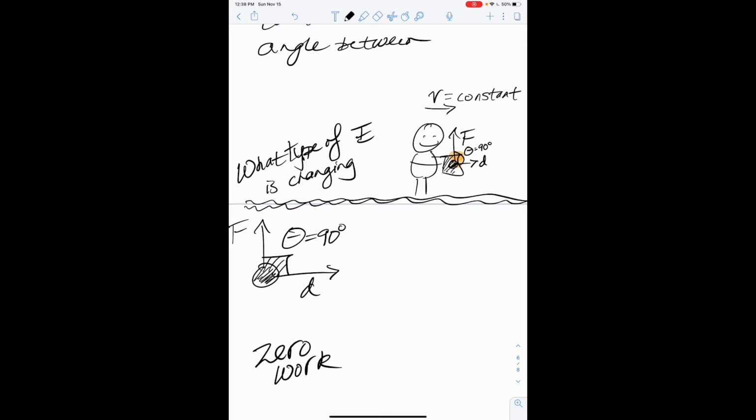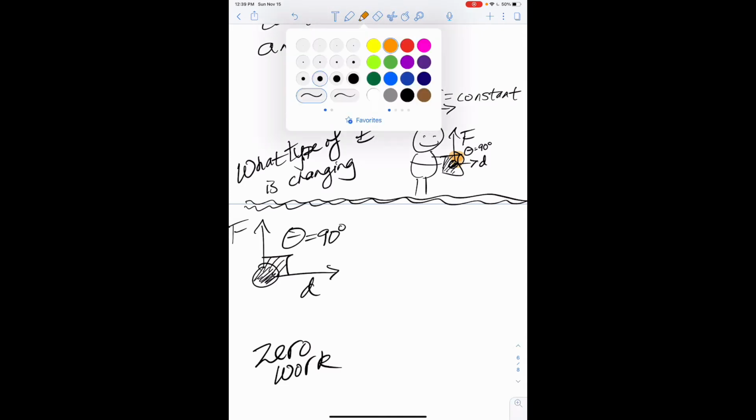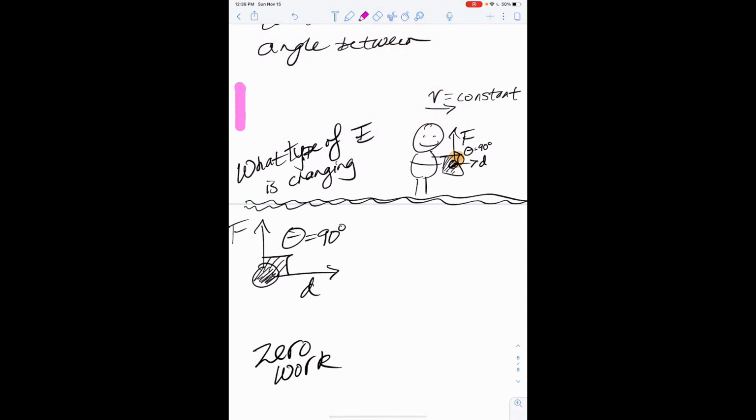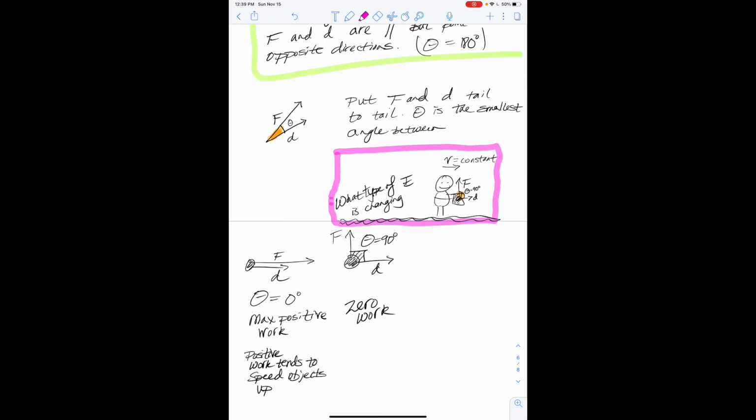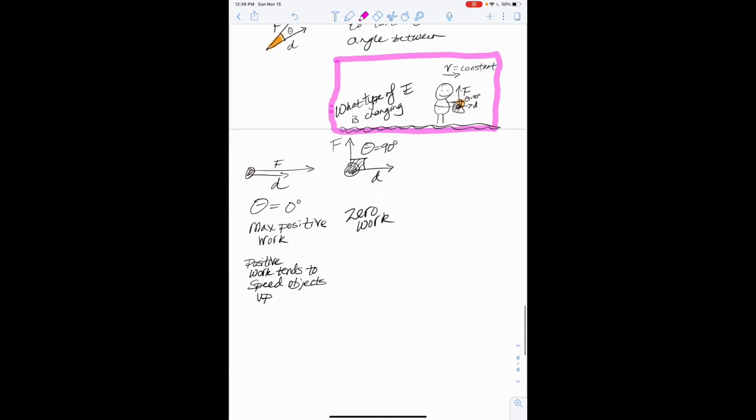So you can see where this starts to make sense: this situation right here is a 0 work situation. So I would say 0 work tends to not change the speed.